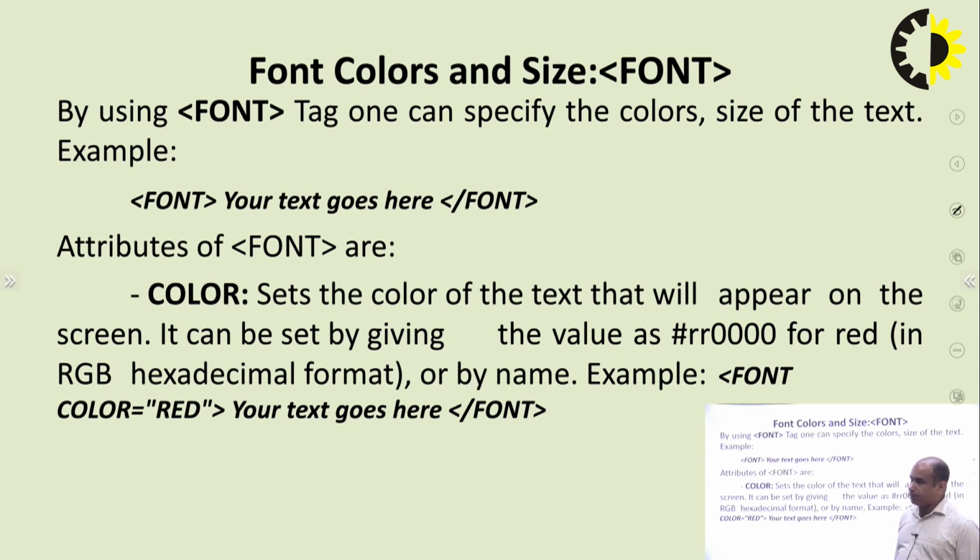Whatever we supply here will act on that particular attribute. First attribute is color. Once I write font color equal to a particular value, the text written in that tag will be affected. Here the color will be red, so the content written in that font tag will be in red color.